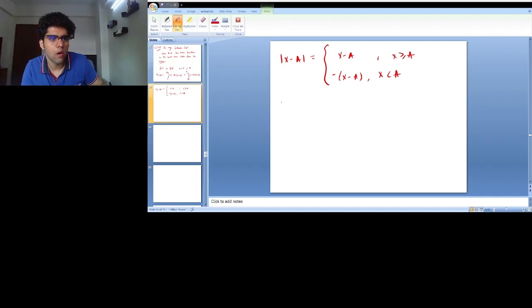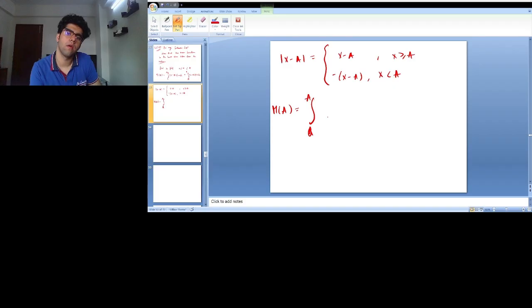So now my M_A is the integral from small a to capital A. In this integral we are taking the limits where x is less than A, so mod x minus A will become minus (x minus A) f(x) dx.